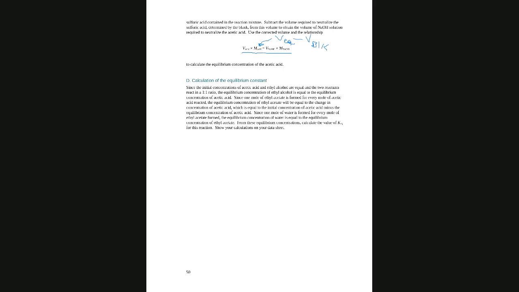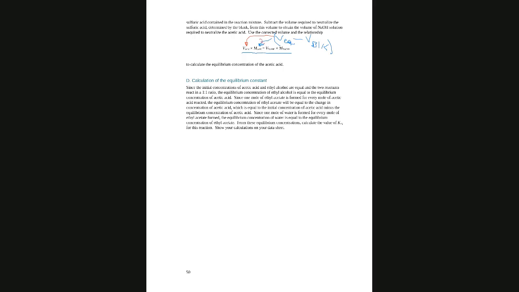This volume, let me change the color, is the volume that goes here. And this is what we are going to calculate.